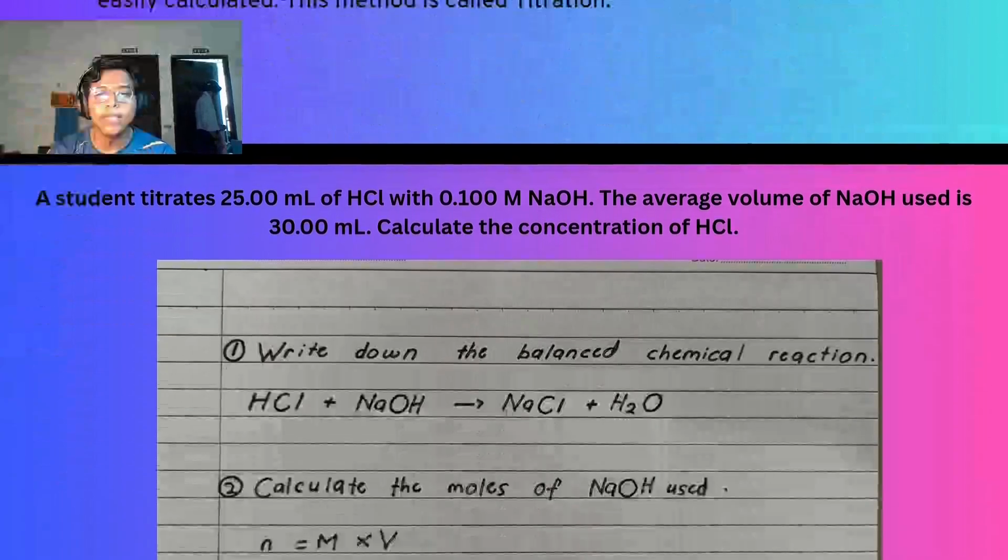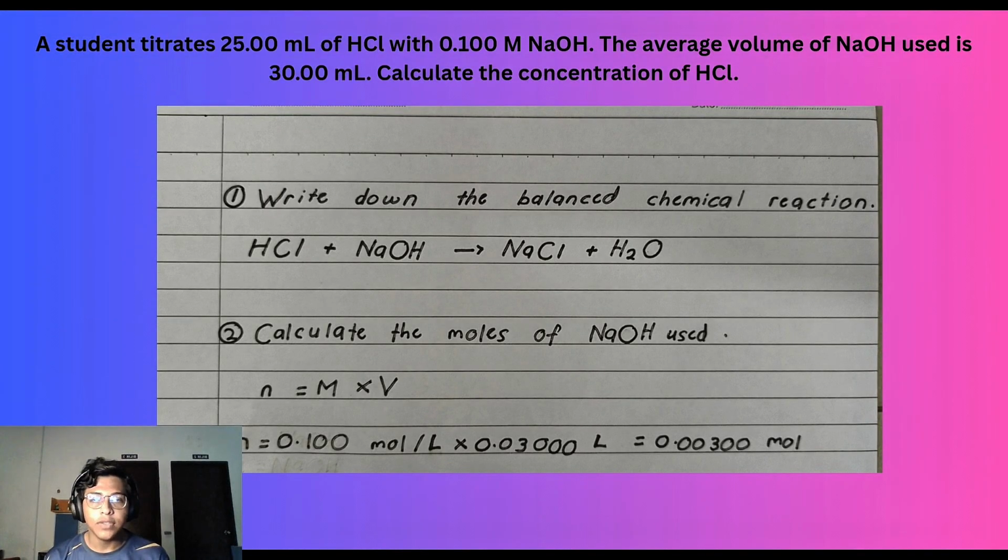To solve this question, the first thing that we need to do is write down the balanced chemical reaction. So, HCl plus NaOH will become NaCl plus H2O. Then, the mole ratio of HCl and NaOH is 1 to 1.